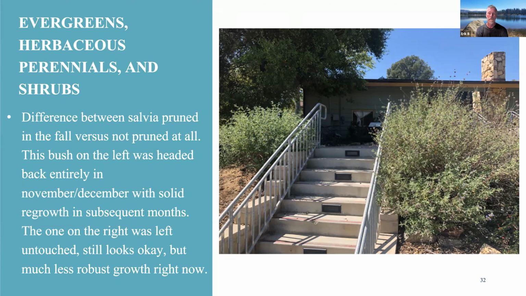On the left, that one was shaped up. And we can see there's a pretty good size difference between the two. The left looks a little tidier. The wild one on the right, depending on your aesthetics, right?